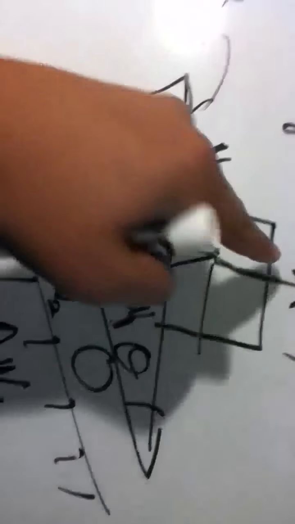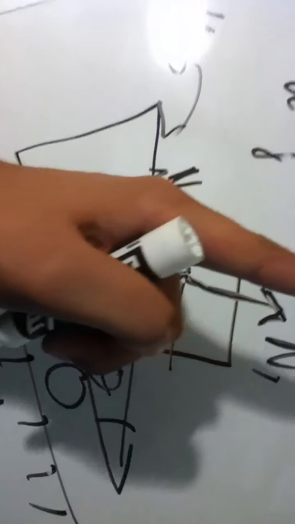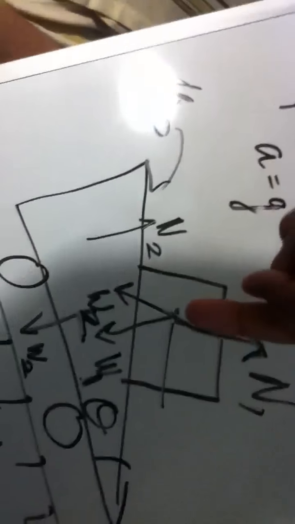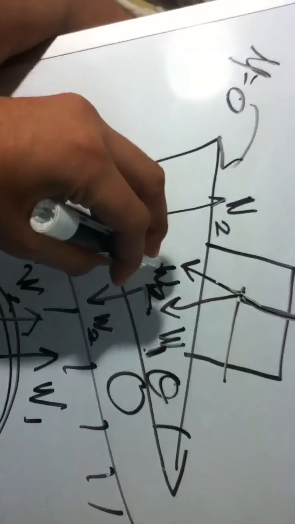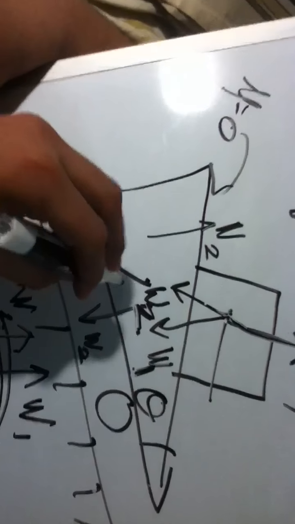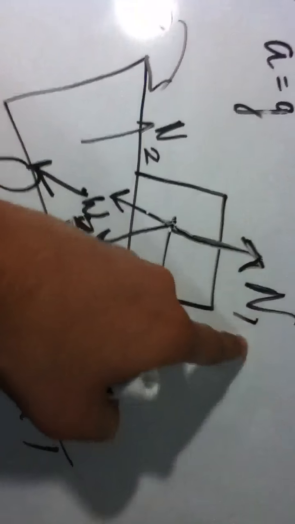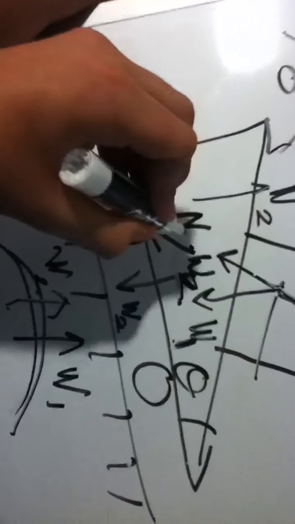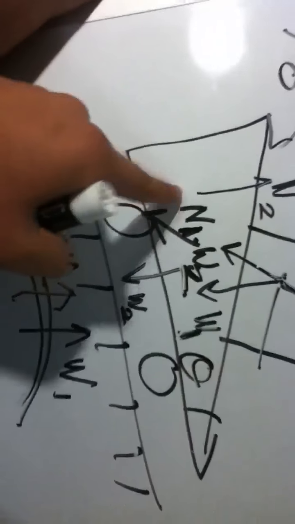Now, there must be a reaction to that normal force. If that's the action, surface to the block, then there must be a reaction. The reaction is the force given on the cart by the block, and it has to be in the opposite direction, acting on a different object. So that's another force equivalent to N1, the same as N1, acting on the cart.